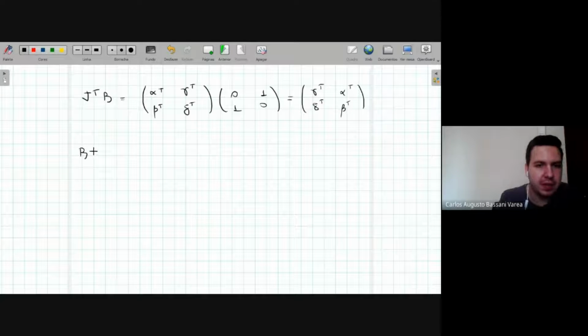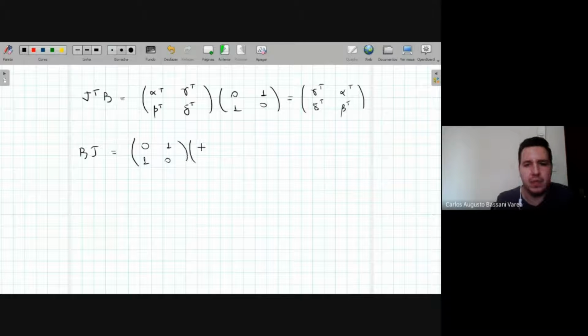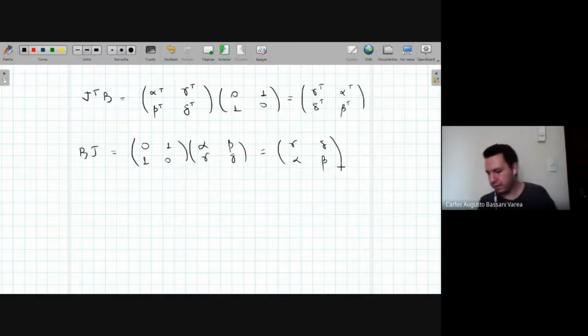And on the other side, J is alpha, beta, gamma, and delta, so we obtain gamma, delta, alpha, and beta.